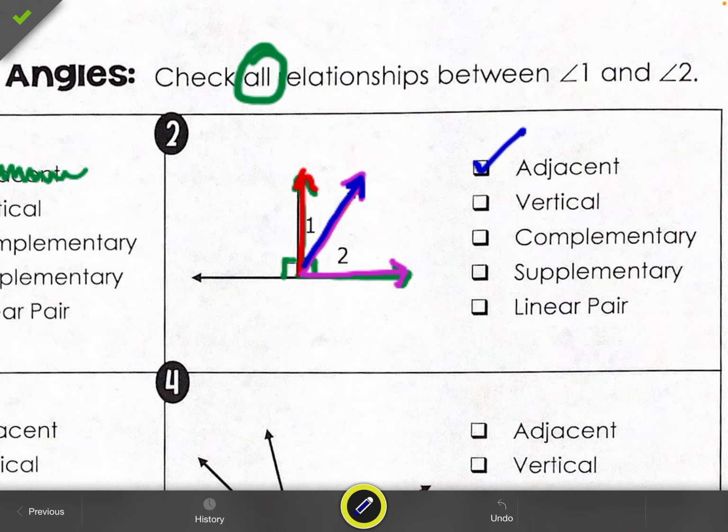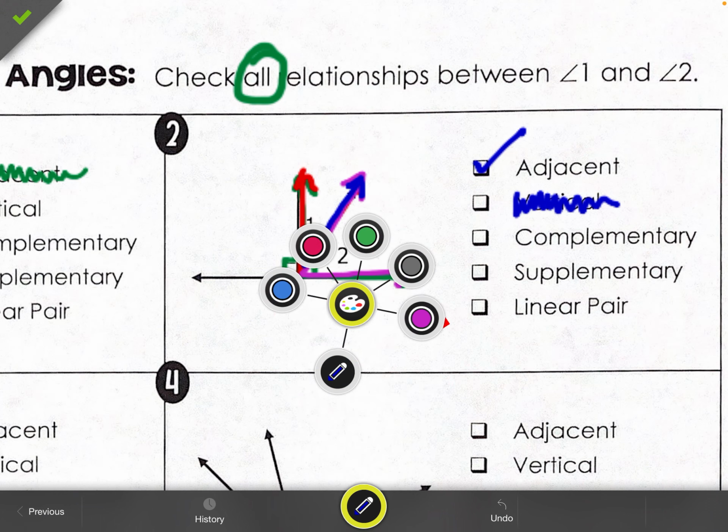Are they across from each other? Well, hopefully if you say they're next to each other, then you know they cannot be across from each other also. They're either going to be next to each other or across from each other. They're not going to be both. Are they complementary? Remember, what does complementary mean? Add up to 90. Well, don't miss this little box.